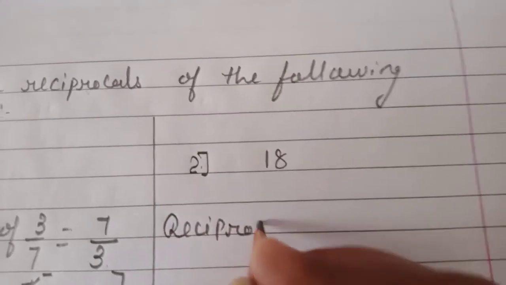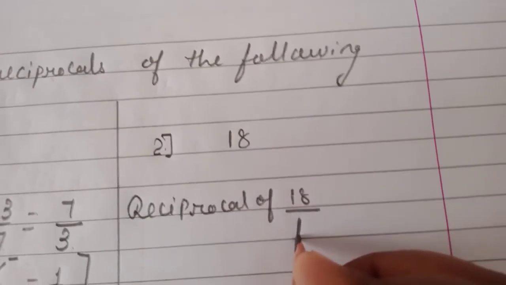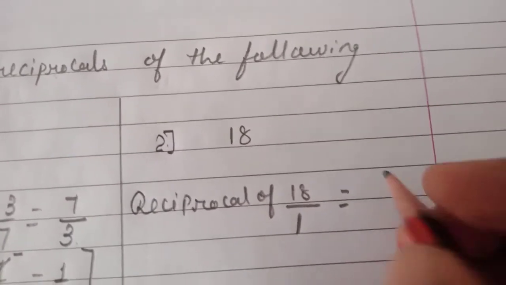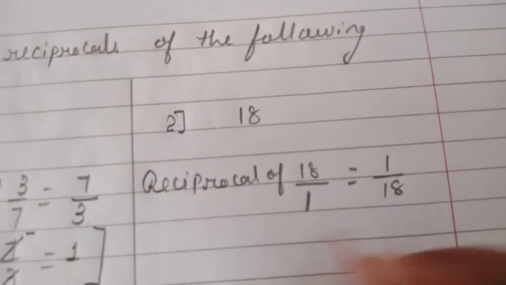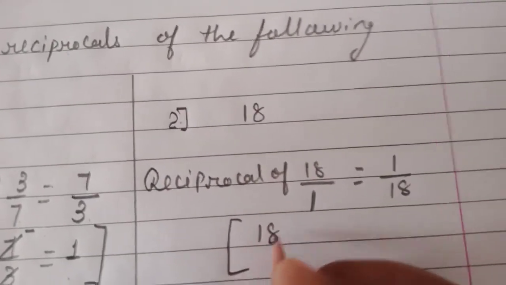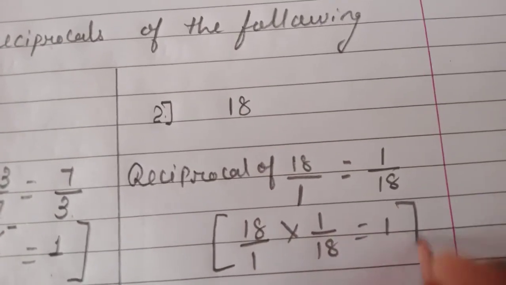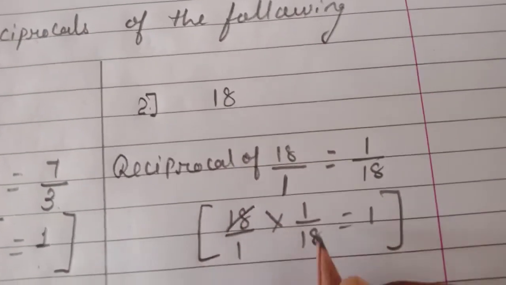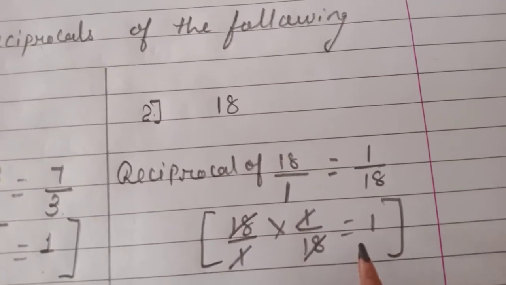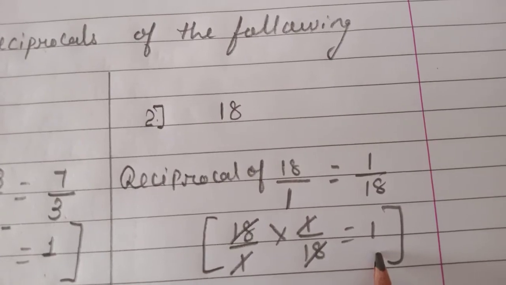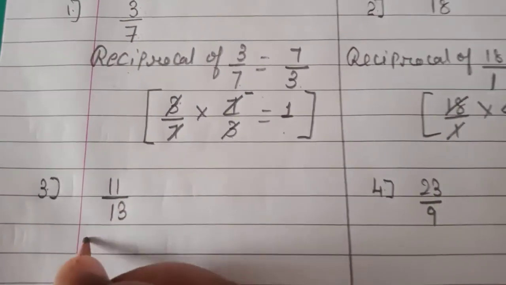Okay. Now number 2, 18. So reciprocal of 18. In the denominator nothing is given, so we will keep 1. So what is the reciprocal of 18 upon 1? So we will write 1 upon 18. So 18 upon 1 multiply by 1 upon 18 equal to 1. Here also, same number in numerator and denominator, so it will cancel. So we will get answer 1. Now number 3, 11 upon 13.